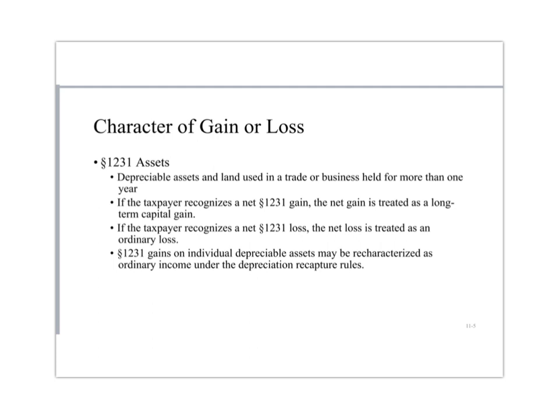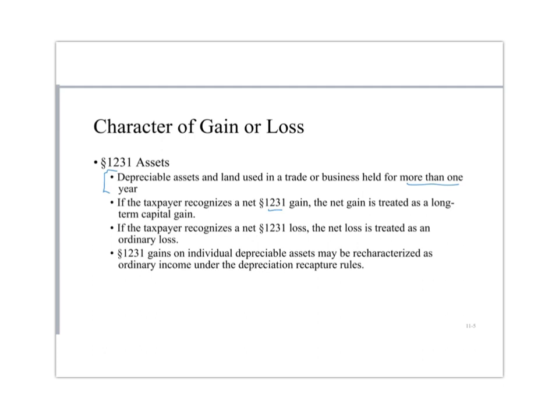So let's talk about each of these items. What are potential 1231 assets? Potential 1231 assets are depreciable assets and land used in a trade or business held for more than a year. So already you have to have essentially business property that's been held for more than a year. If there's a net 1231 gain, then that's treated as long-term capital.